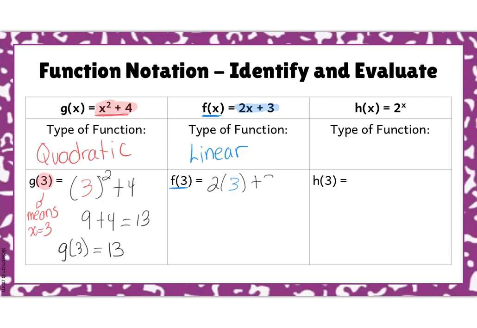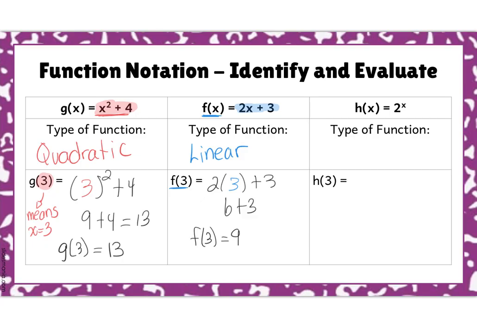However, the rest of the function rule stays the same. Again, I'm going to simplify using order of operations. So I have 2 times 3, which is 6, and 6 plus 3, which is equal to 9. So f of 3 is equal to 9.